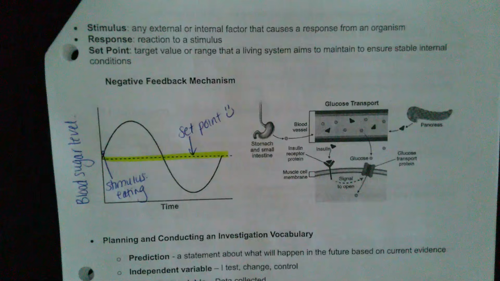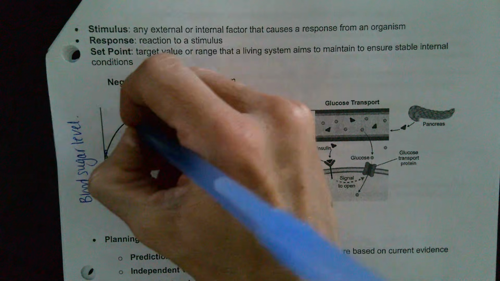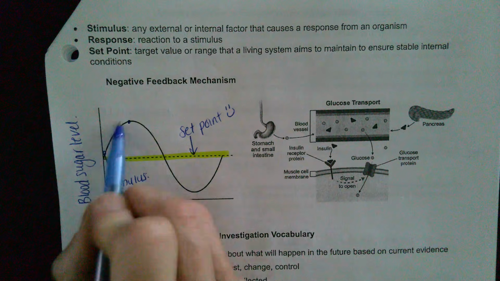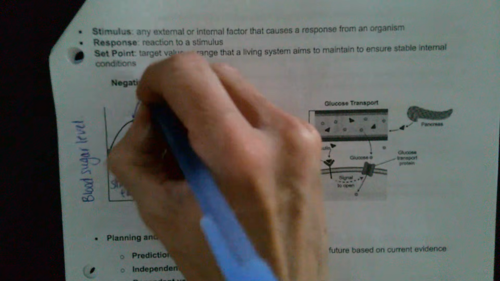But then your body's like, we're supposed to be kind of in a really tight range. Things are getting a little crazy. We're getting a little bit too high. So what does your body do? It creates a response. So the stimulus is the factor that's making the change. And then up here, I have my response.